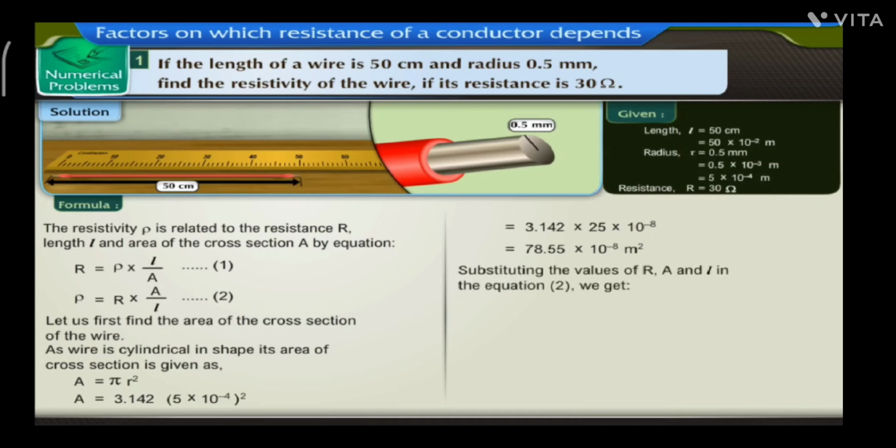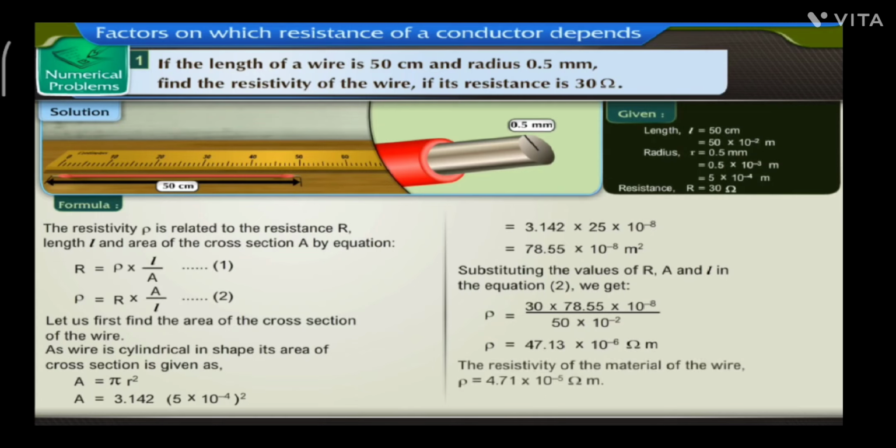Let us substitute the values of R, A, and L in equation 2. ρ is equal to 30 multiplied by 78.55 multiplied by 10 raised to minus 8 divided by 50 multiplied by 10 raised to minus 2. ρ is equal to 47.13 multiplied by 10 raised to minus 6 ohm meter. Hence, the resistivity of the material of the wire ρ is equal to 4.71 multiplied by 10 raised to minus 5 ohm meter.